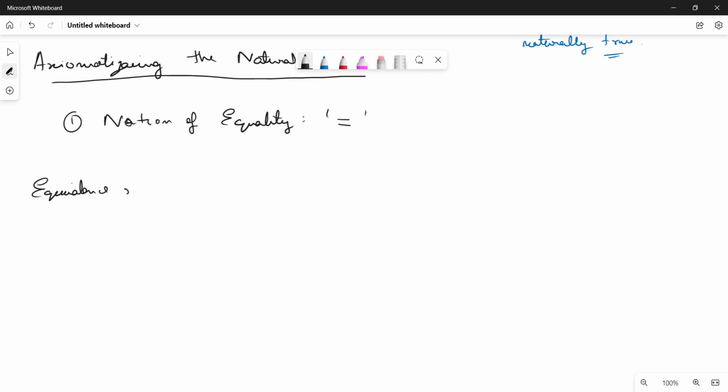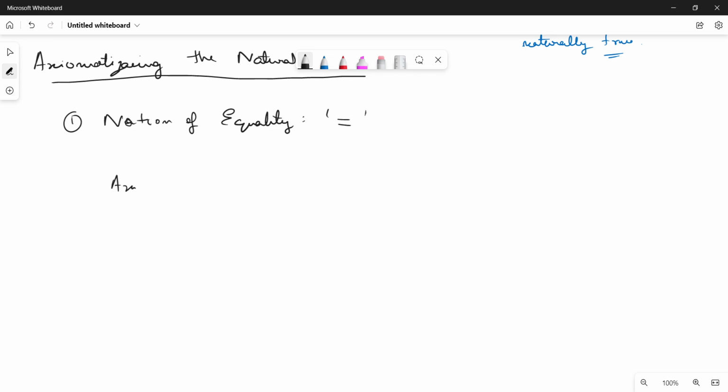An equivalence relation is basically a mapping in A cross A. Okay, let us leave this particular approach because it won't be at the base level anymore. So, the notion of equality.